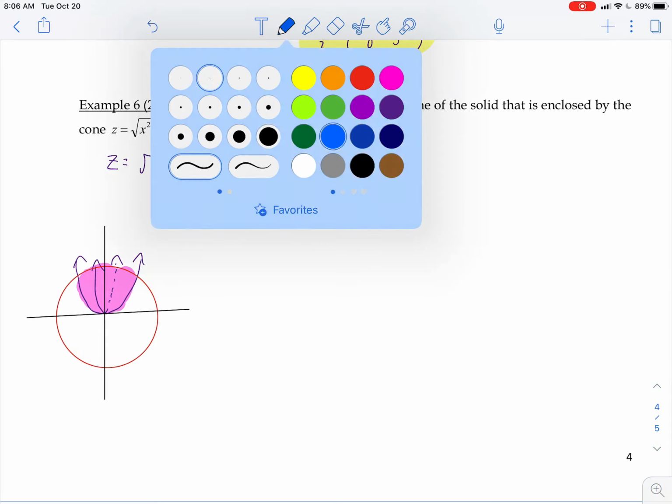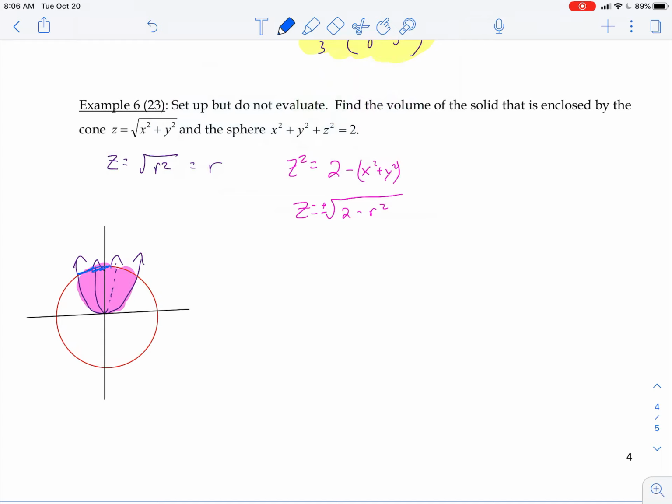So therefore, we only need the positive z, because we only care about this portion of our circle right there. Let's do blue. We only care about this portion right there, and that portion is going to be taken up by the positive z, so it's z equals the square root of 2 minus r squared, and so that's going to be on top.